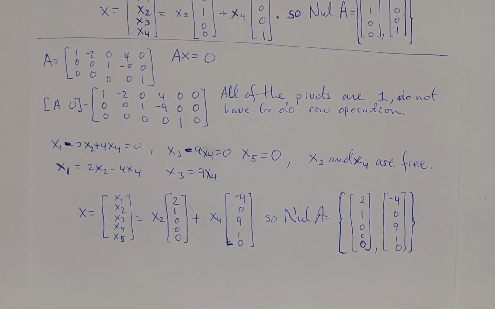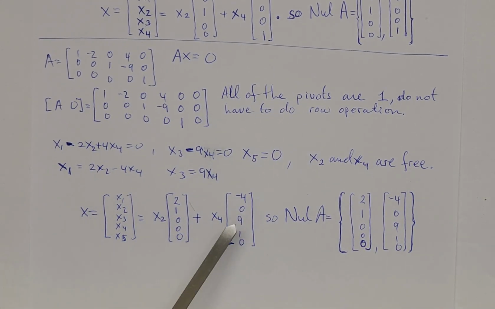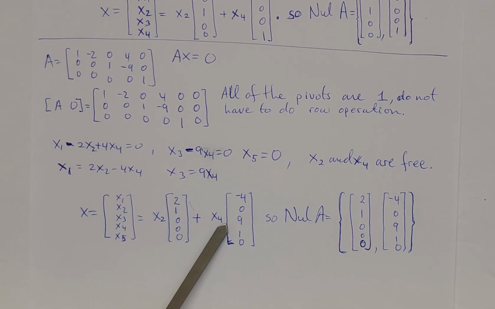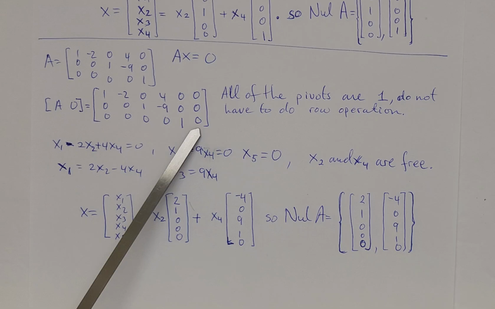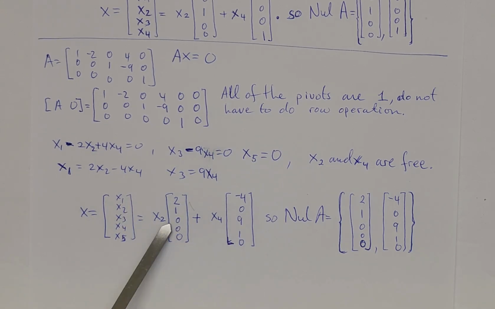Same thing down here. I am looking for the vectors that span the null space, so I have to put another column of 0 so I can solve for the vectors that span the null space.